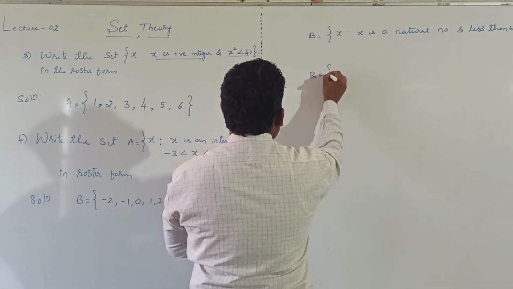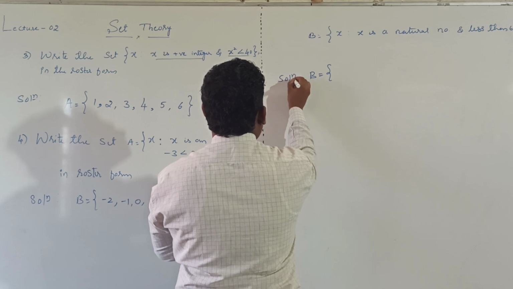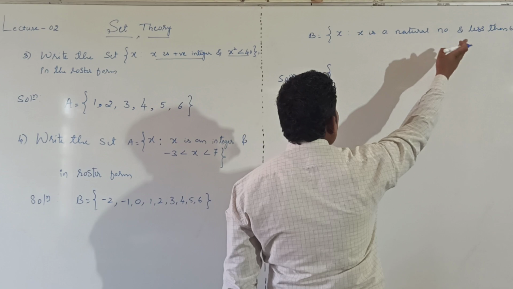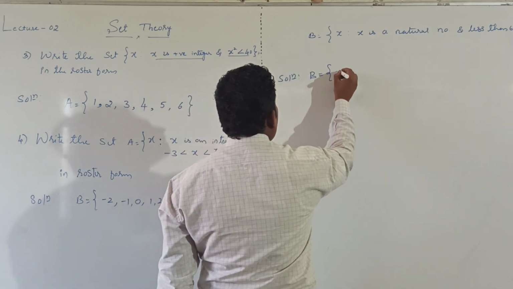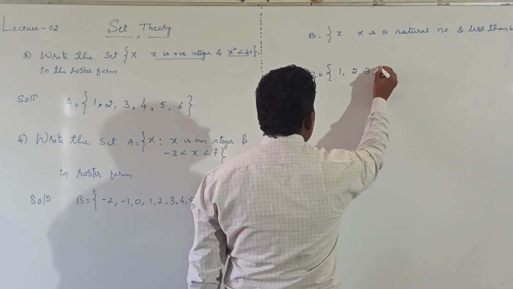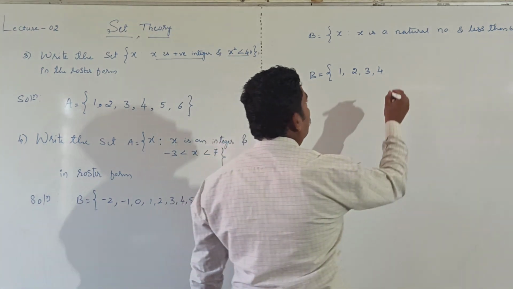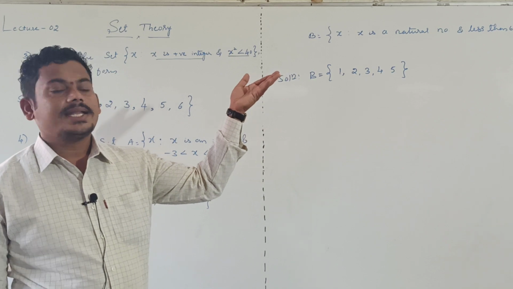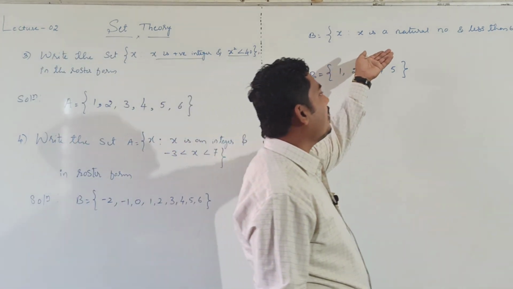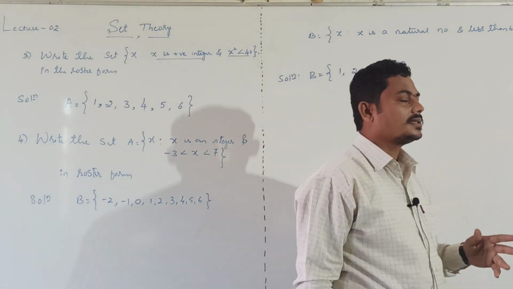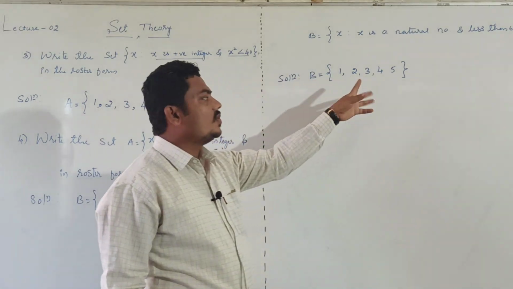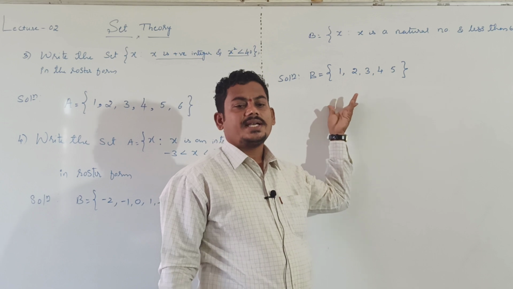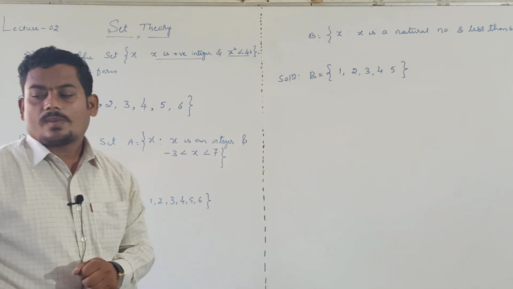Set B in roster form: set of all natural numbers less than 6, 1, 2, 3, 4, 5. Write the given set in roster form means write all the natural numbers less than 6: 1, 2, 3, 4 and 5. This is set builder form and corresponding roster form. Next problem.